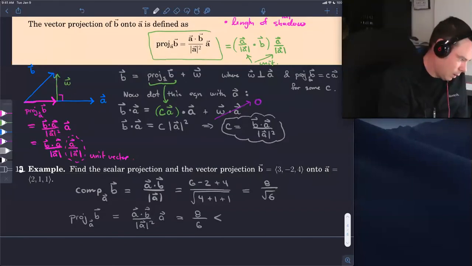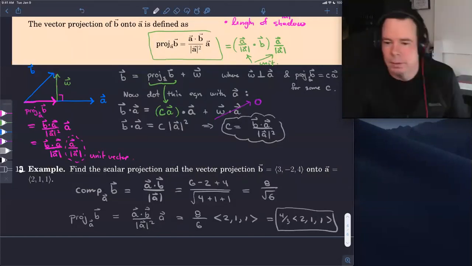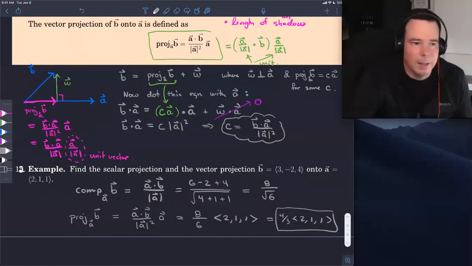And then that's times A, which is 2, 1, 1. And so we could write it as 4/3 times (2, 1, 1). And so that's the vector of the projection of B onto A. So we'll end it there, and I'll stick around for some questions.